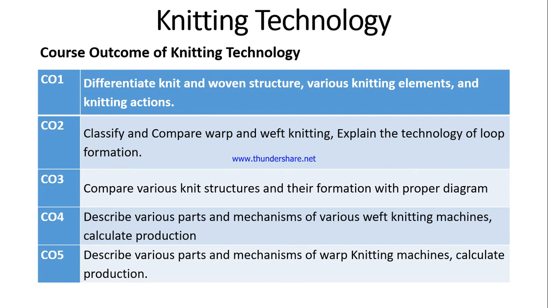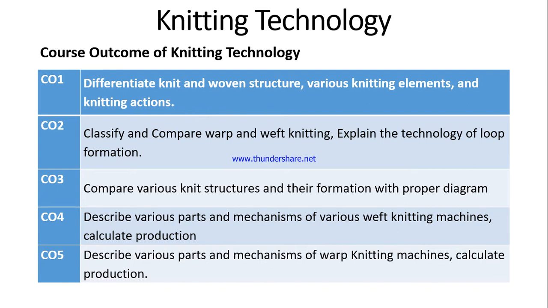Then course outcome 3, you will be able to compare various knit structures and their formation with proper diagram. As you know, there are various structures of fabric, even those made by the weaving technology. There are various woven structures you learned about, such as plain, twill, satin, and there are many variants of these three basic woven structures.